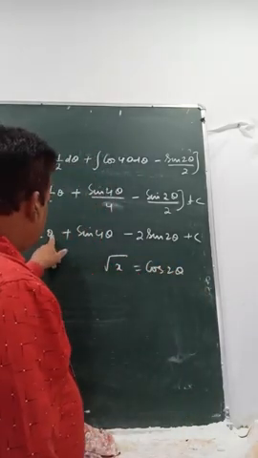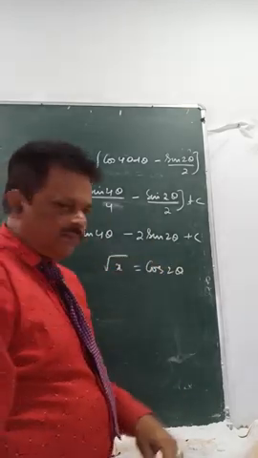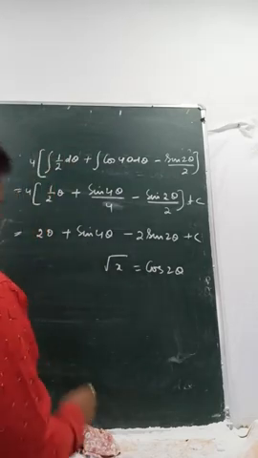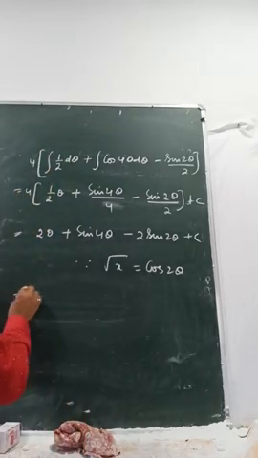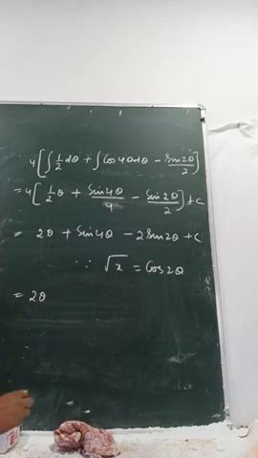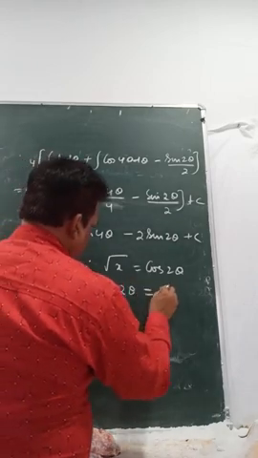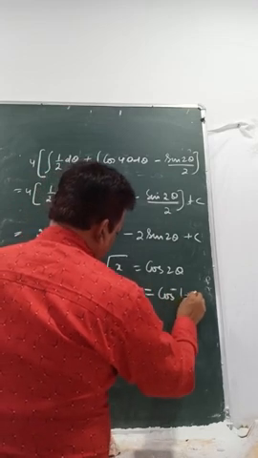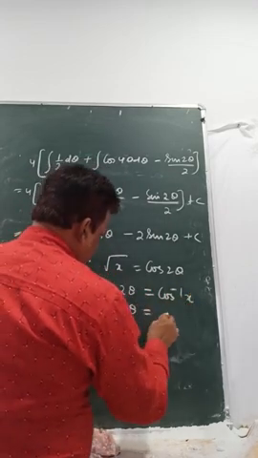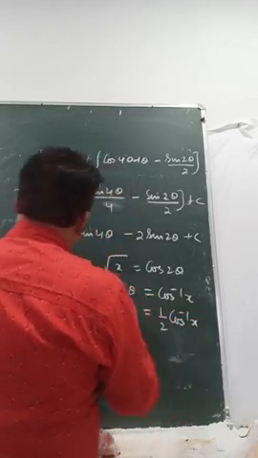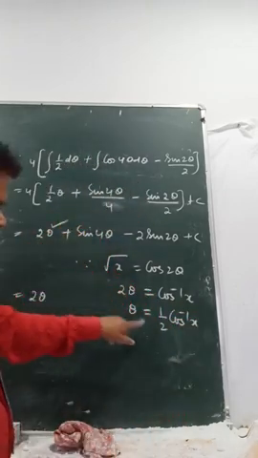That means everything should come in the form of cos. Okay, look at here. This is 2 theta. This I can find out. 2 theta equals cos inverse x. Theta equals half cos inverse x. This part we found out.